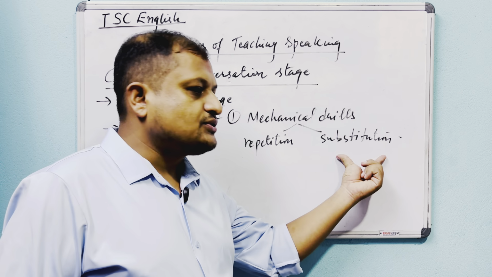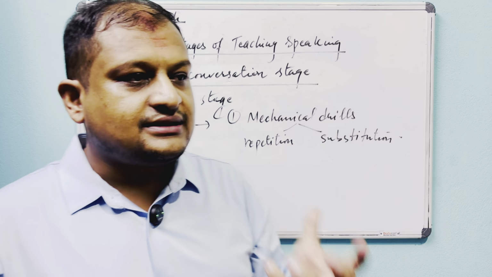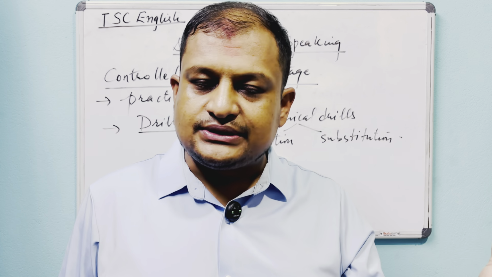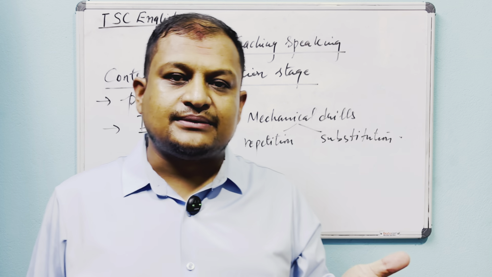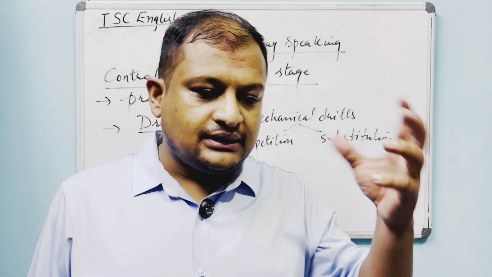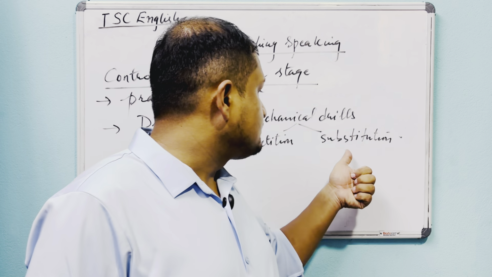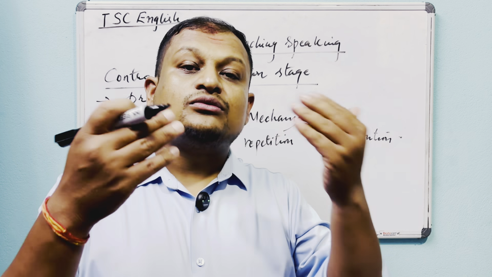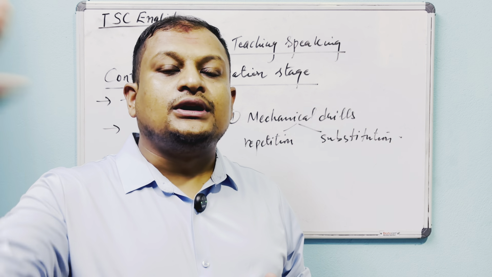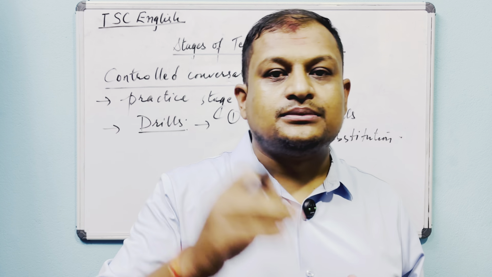And in substitution, suppose a sentence is given to the students: Hari is playing football. Then they are supposed to substitute one of the words. Let's say volleyball is given.